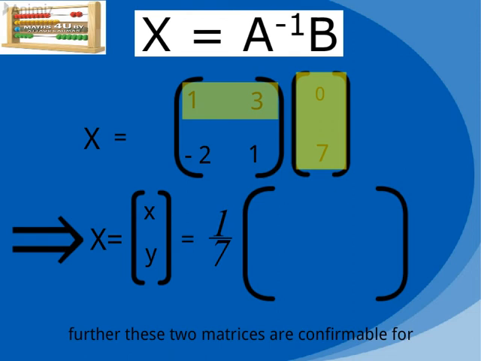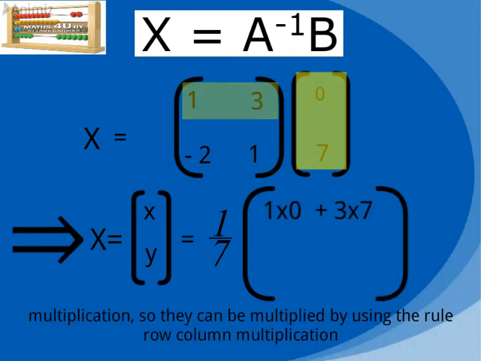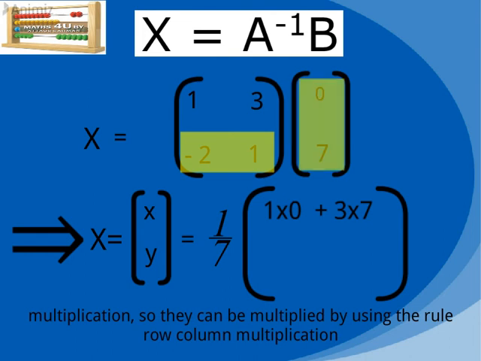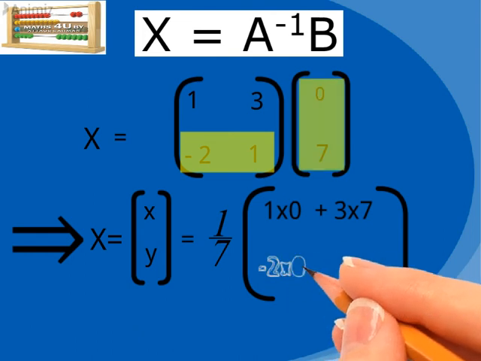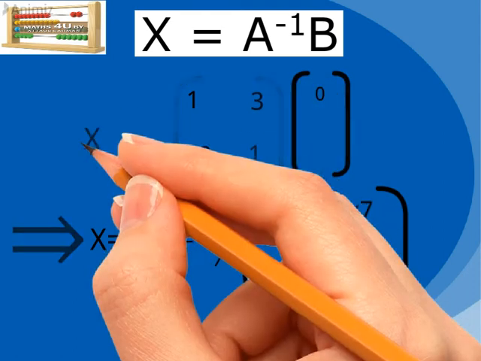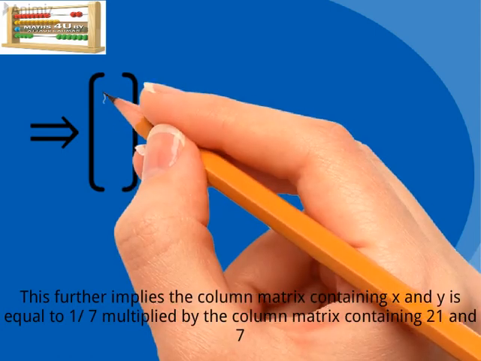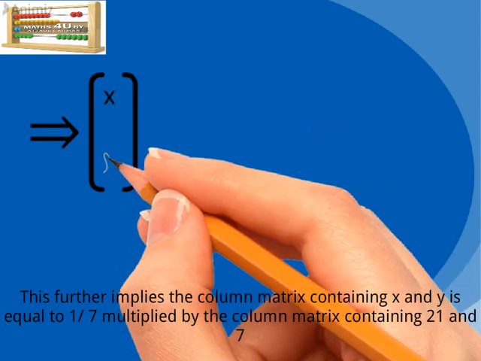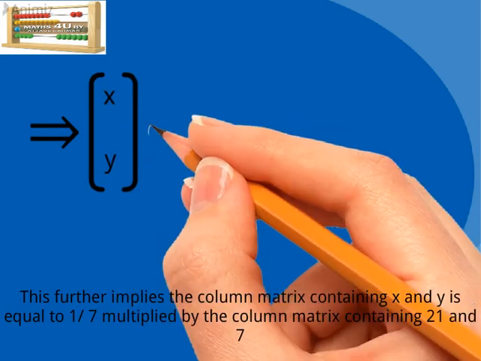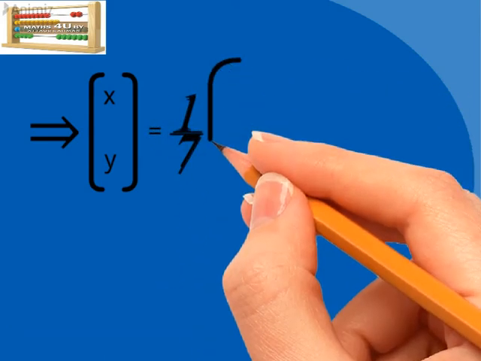Further, these two matrices are conformable for multiplication, so they can be multiplied by using the row-column multiplication rule. This further implies the column matrix containing x and y is equal to 1 upon 7 multiplied by the column matrix containing 21 and 7.